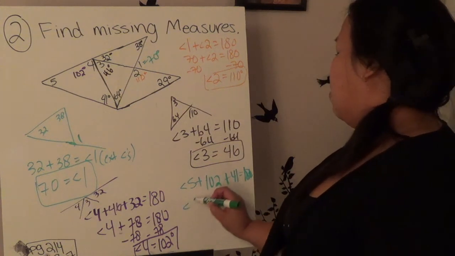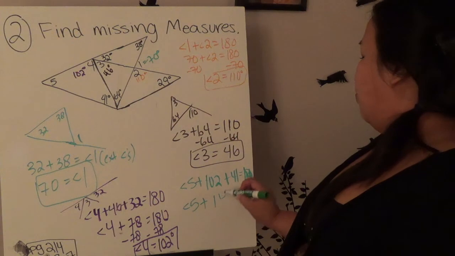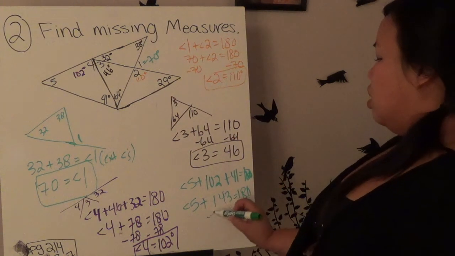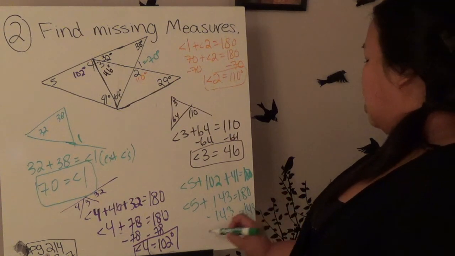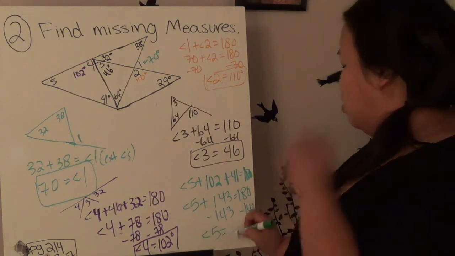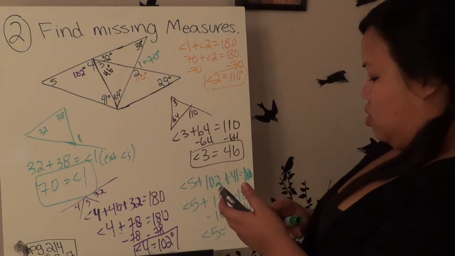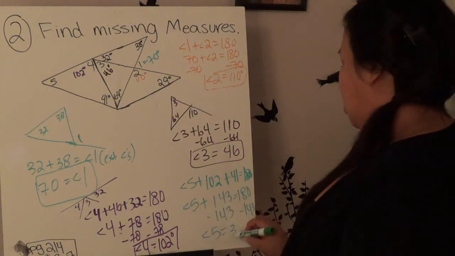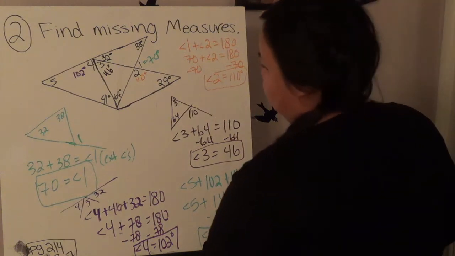So angle 5 plus 102 plus 41, which is 143, equals 180. And then I'm going to subtract 143 from both sides. I end up with angle 5 equals 37 degrees. And that's our last one.